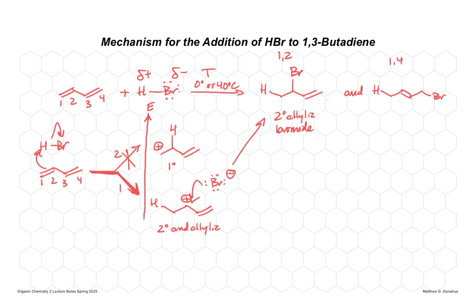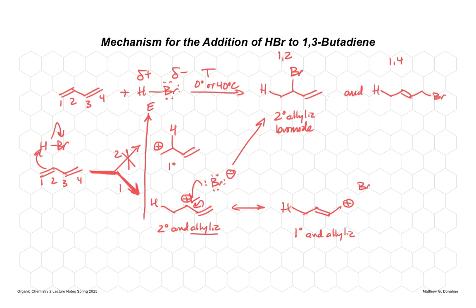This is the important part here: allylic. There's a resonance form where we shift those electrons of the pi bond to now an internal alkene, and we end up with a primary and allylic carbocation.